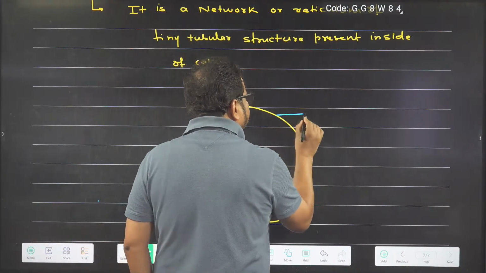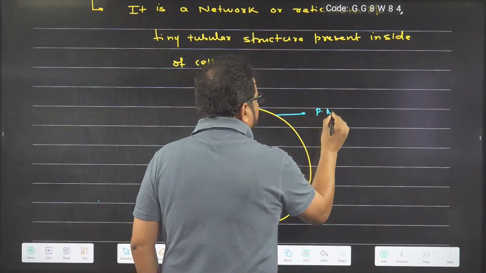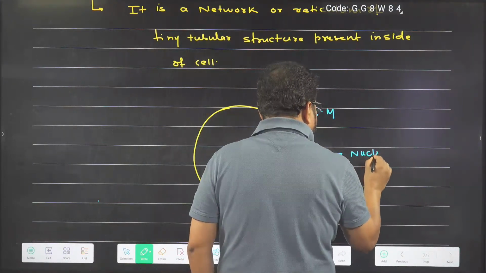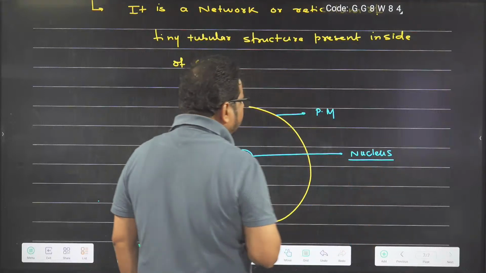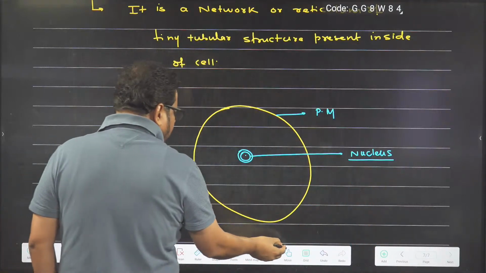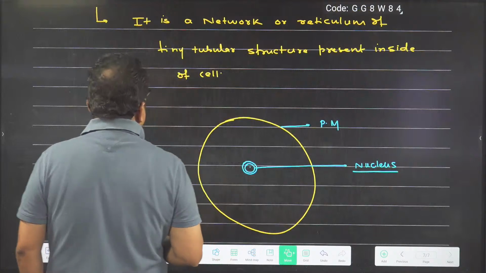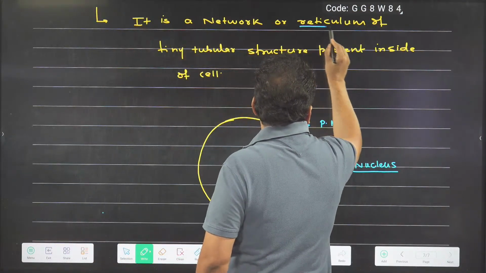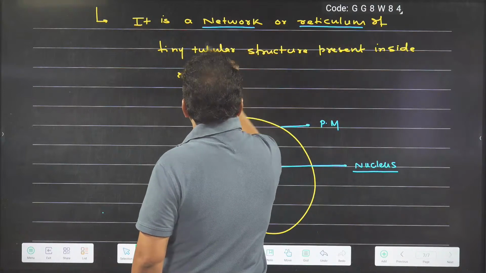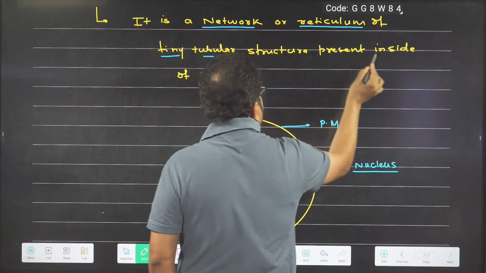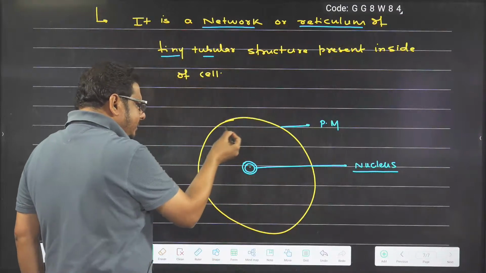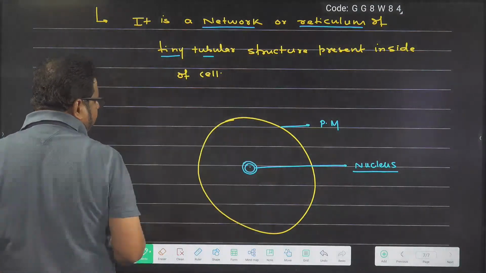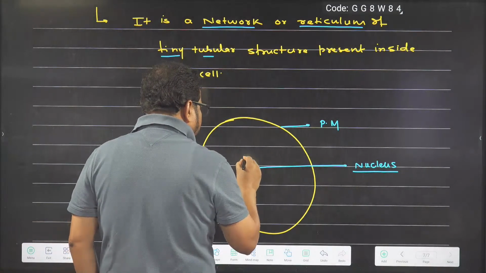So this is the plasma membrane, and this one is the nucleus. Now I wrote about endoplasmic reticulum. Just give your attention. I wrote here that it is a network or reticulum of tiny tubular structures present inside of the cell. This is inside of the cell. So inside of the cell, see how the network is formed by the ER. So look here.